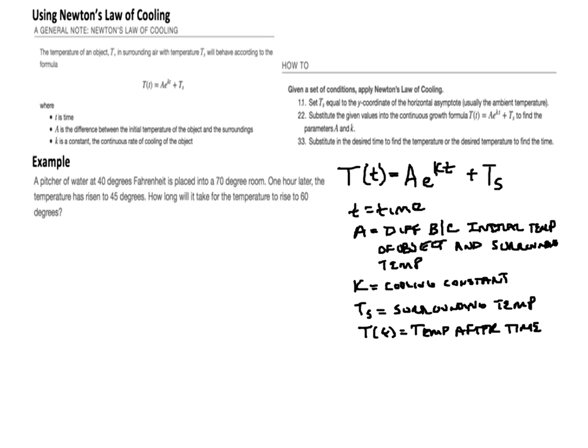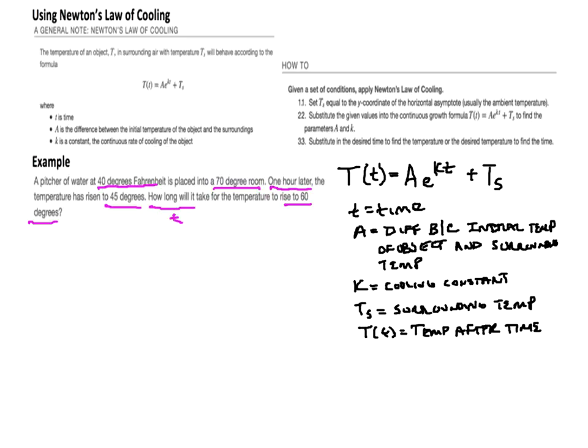So we are given the example that we have a pitcher of water that's 40 degrees Fahrenheit, and it's brought out of the refrigerator into a 70-degree room. 1 hour later, the temperature is 45 degrees. How long, so we're going to be solving for t, how long will it take for the temperature to rise to 60 degrees?